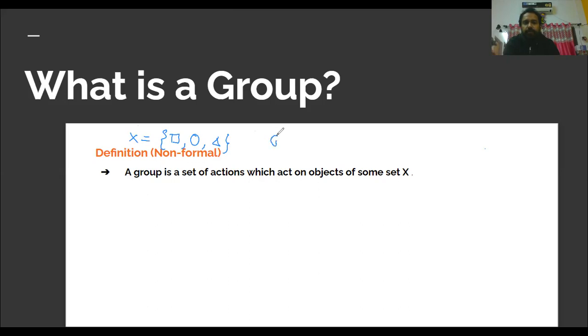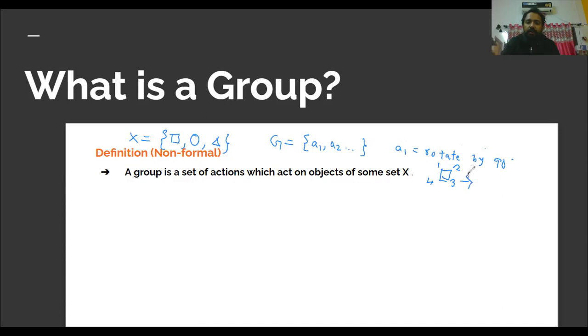Say there's a group of actions A1, A2, and so on, where A1 does something called rotate by 90 degrees. And by rotate, we mean rotate anti-clockwise. So the square has the corners 1, 2, 3, 4 as labels.